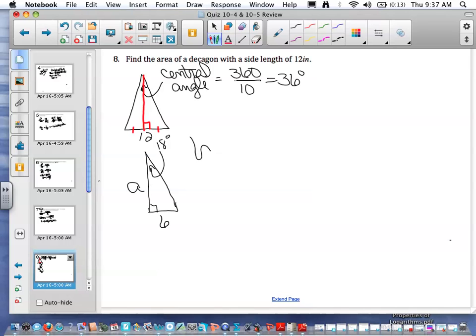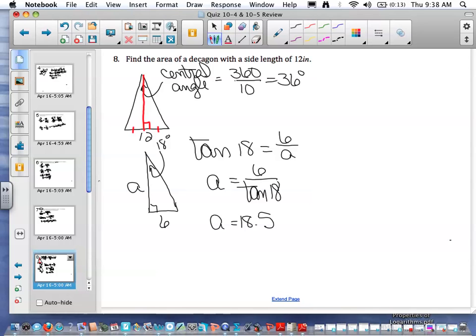I will use tangent of 18 is equal to 6 over A. The variable's down low, so they switch places. A is equal to 6 divided by tangent of 18. So 6 divided by tan of 18 gives me an apothem of 18.5.